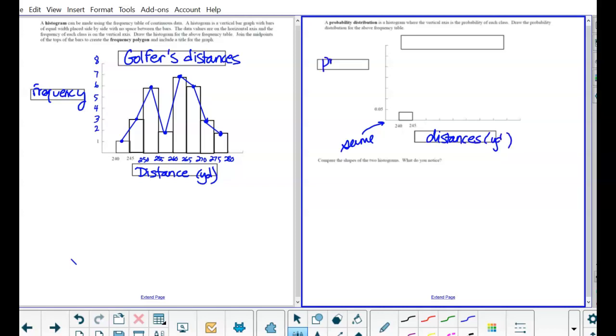This is going to be probability now. Okay, and it's giving you the scale here. So if one grid marking is 0.05, then the next one would be 0.1, 0.15, etc. And I'm going to leave this for you to do.